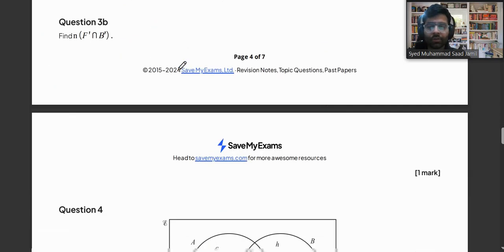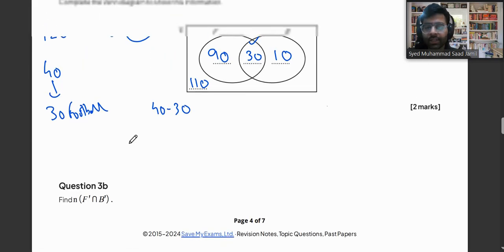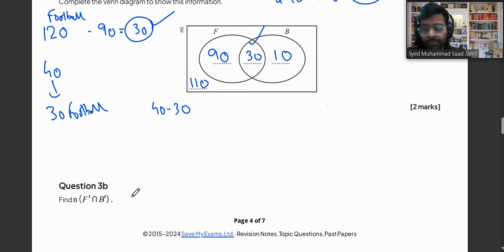Alright. Now next question says find F complement intersection B complement. So the answer for this part is F complement intersection B complement are students that do not play football and students who do not play baseball as well. So it means it's 110. Students that don't play any sports.